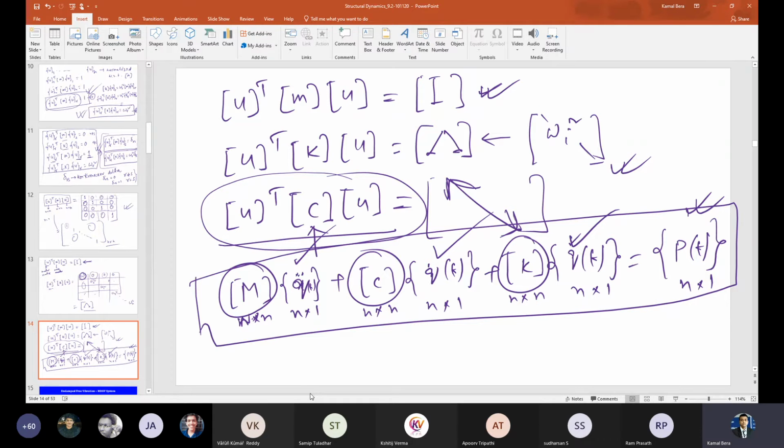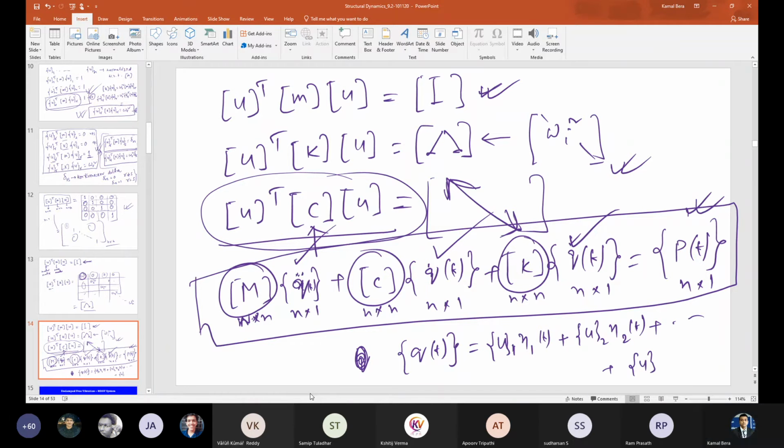Now I will assume my solution, that is q t vector equals u1 eta 1 t plus u2 eta 2 t, and so on, up to un eta n t. So that's the actual transformation. This is the contribution from all the n modes: first mode, second mode, third mode.